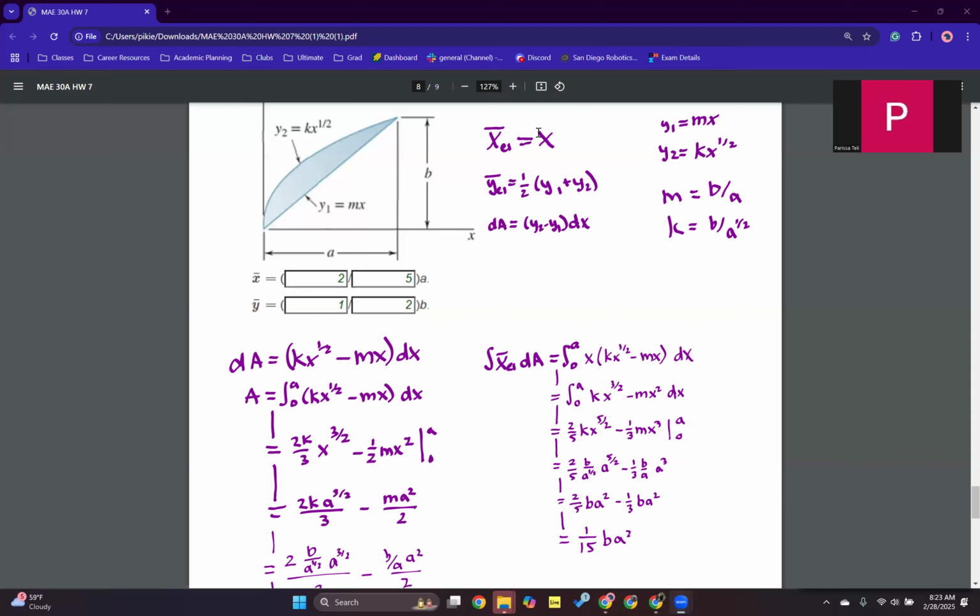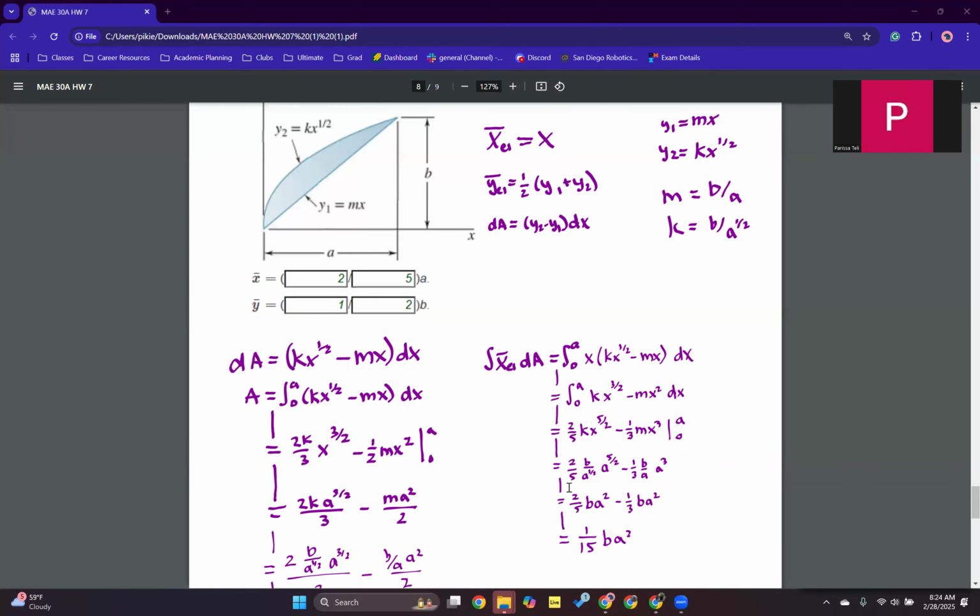Once again, we have all our information from above, so we have everything we need to know. Similar process, just directly integrate that. Once you go through those steps, you'll get to this expression right here. Then in order to simplify, you'll get to the step right before here, and after you plug in A, the next step would be to plug in m and k so that you can simplify to only have B A squared. That'll get you this 1/15th B A squared.